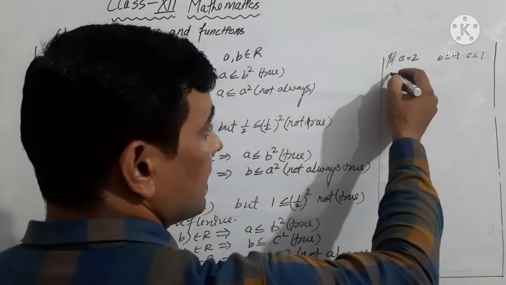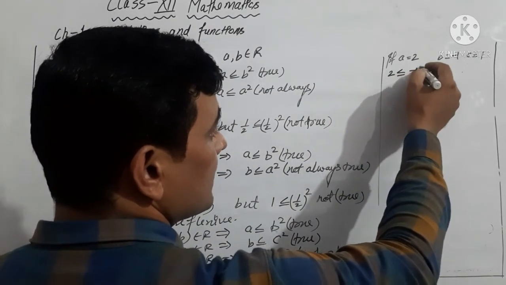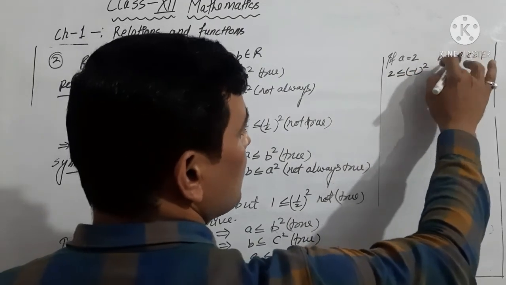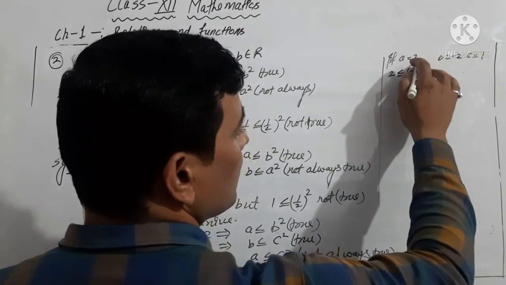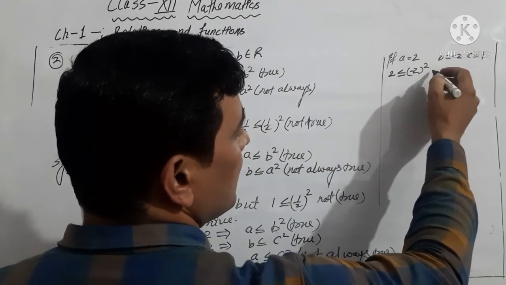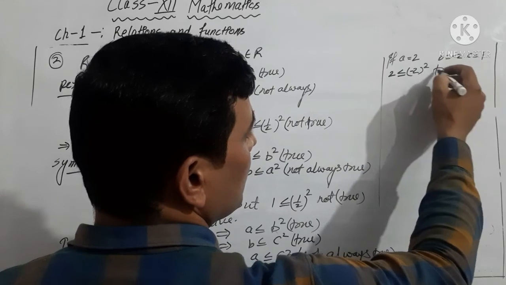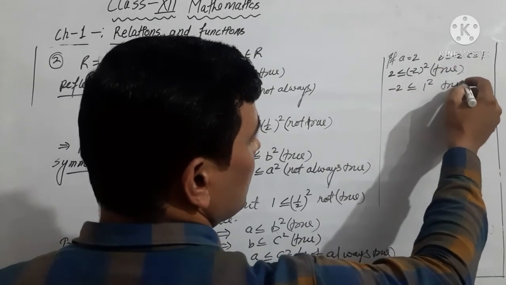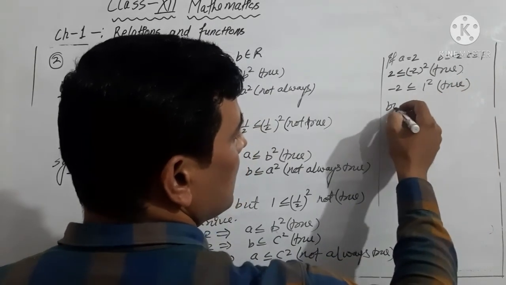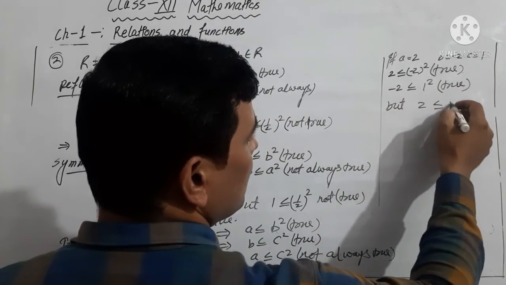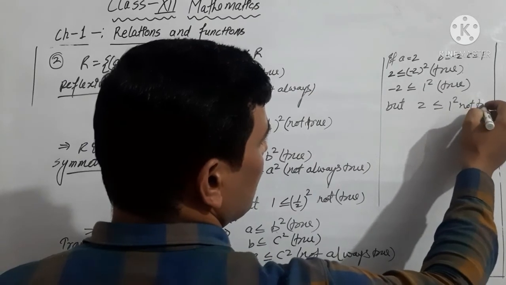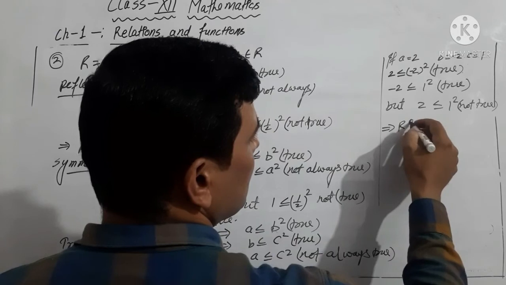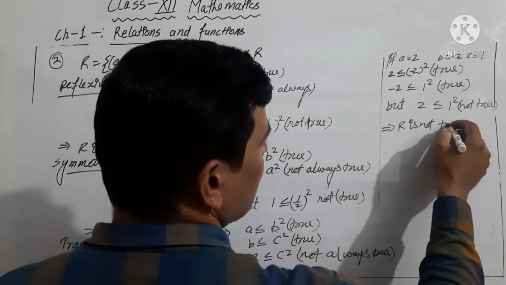As 2 less than or equal to (-2) square, true. -2 less than or equal to 1 square, also true. But 2 less than or equal to 1 square, not true. This implies that R is not transitive.